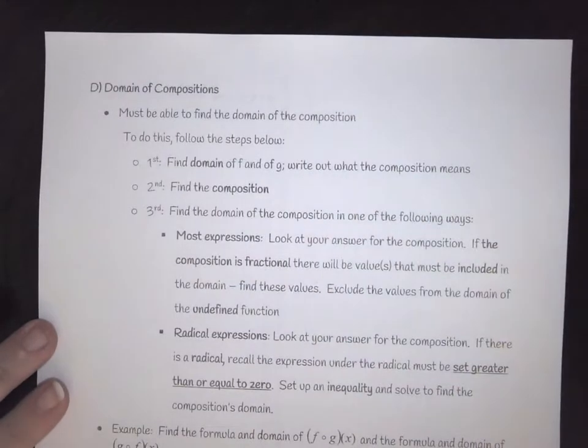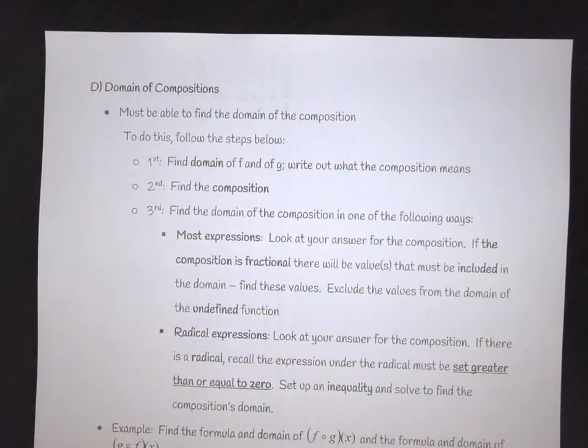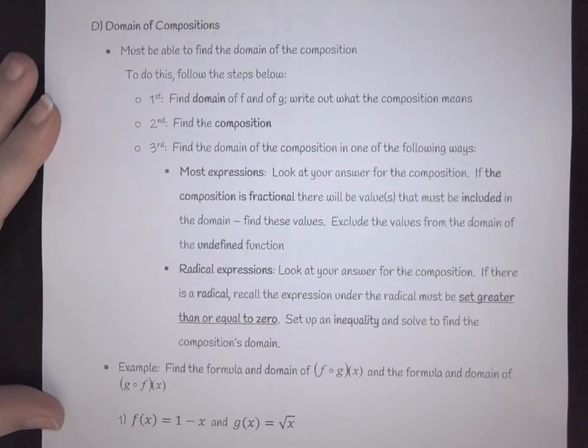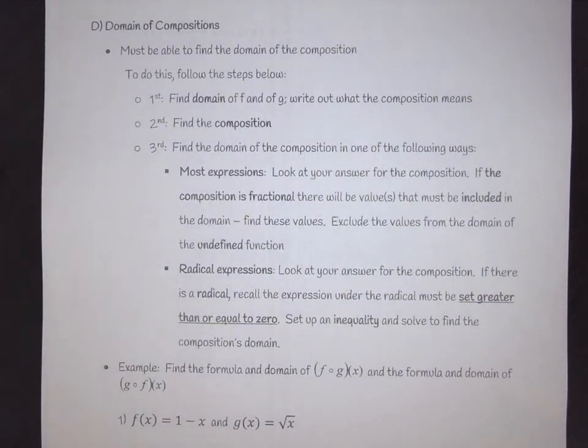Now the other thing that we can do with compositions is not only solve a composition, but also find the domain of that composition. There are a couple of guidelines that you need to follow. First, in order to find the domain, you would first find the domain of f and g separately. Then you're going to complete your composition.